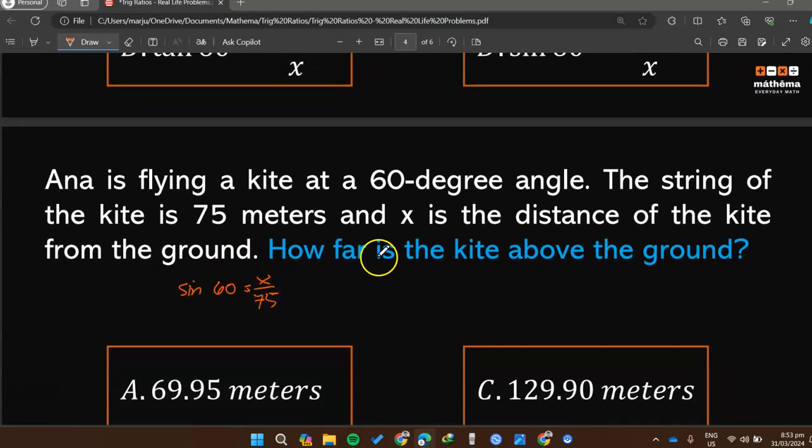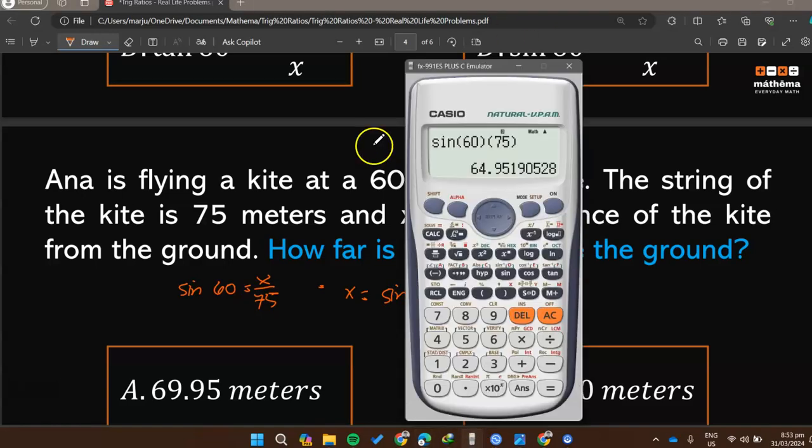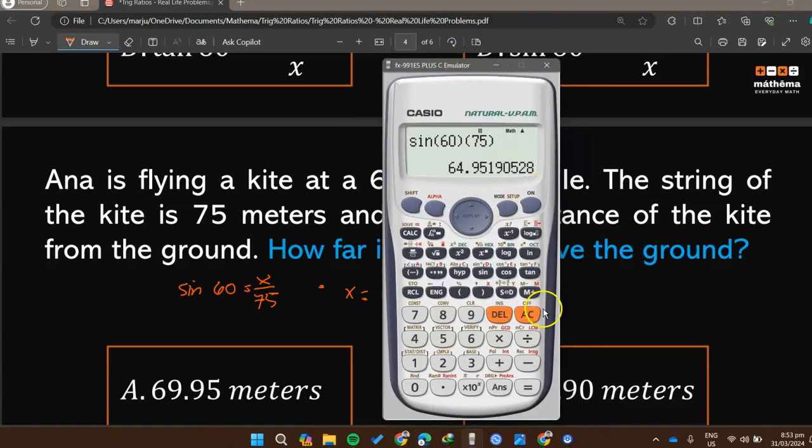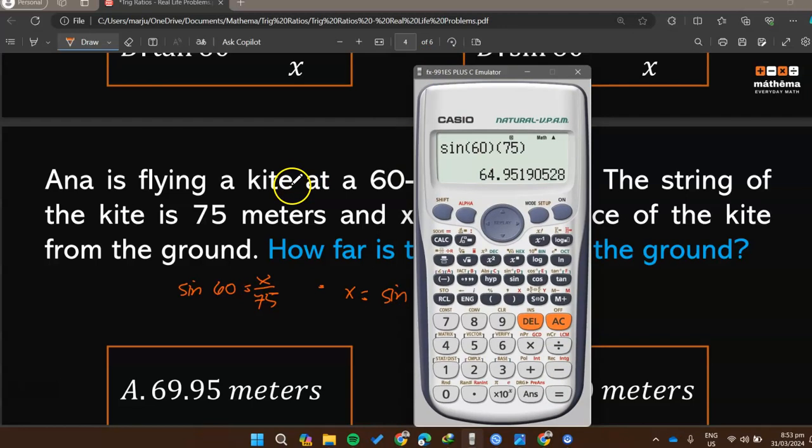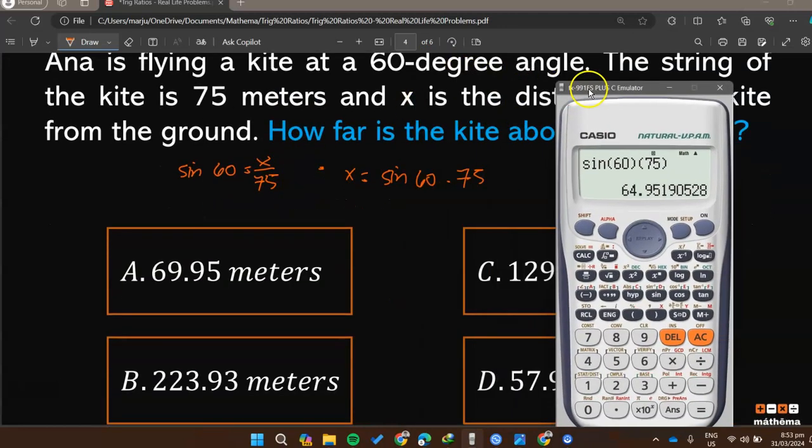To solve for x, all we have to do is cross multiply: x equals sine 60 times 75. So this gives us 64.95.